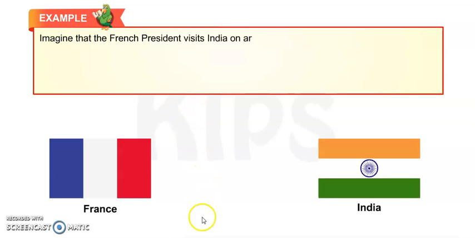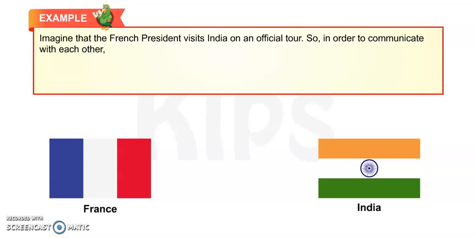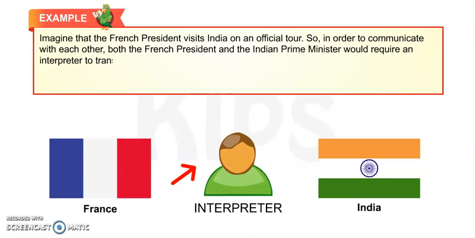Example, imagine that the French president visits India on an official tour. In order to communicate with each other, both the French president and the Indian Prime Minister would require an interpreter. It means they both need a mediator to translate their languages.